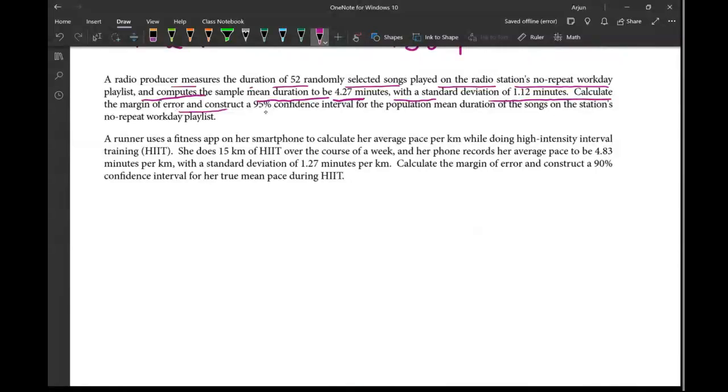Calculate the margin of error and construct a 95% confidence interval for the population mean duration of the songs on the station, no repeat workday playlist.